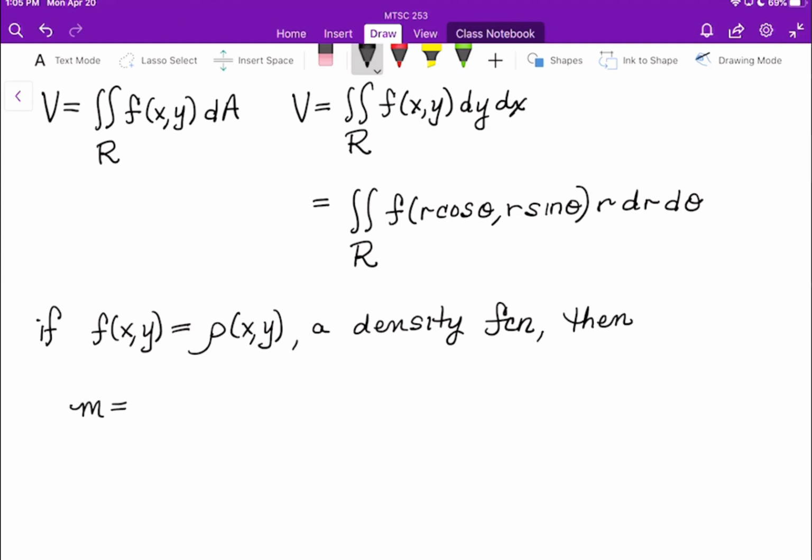So mass is the double integral over the region rho of x y dA.